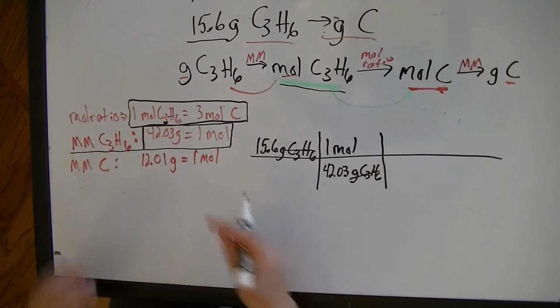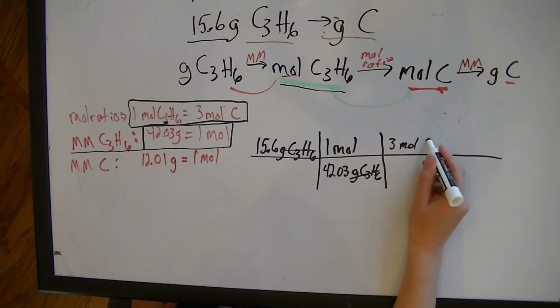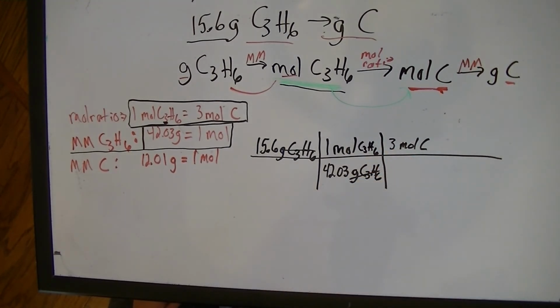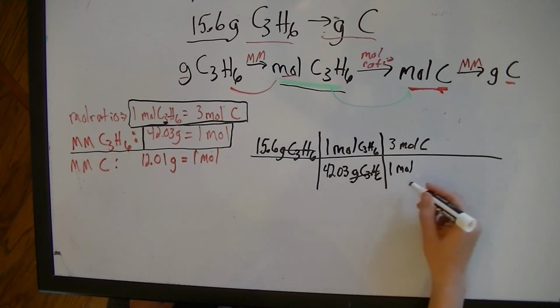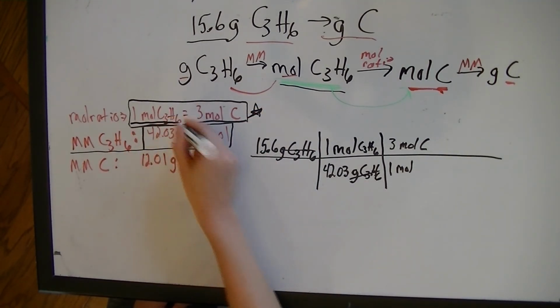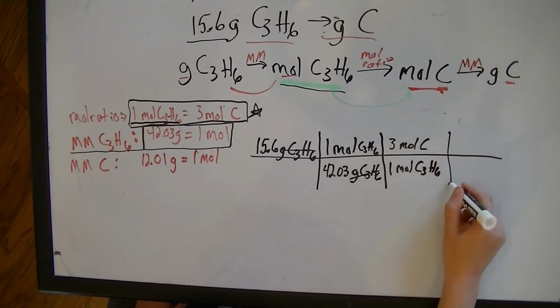So I am going to put 3 moles of carbon on top. Let me add C3H6 here so we're not getting confused. And then on the bottom, I'm going to put the 1 mole, because that 1 mole in this conversion factor is referring to the C3H6, and that's what I'm trying to get rid of, so that I'm left with moles of just carbon.